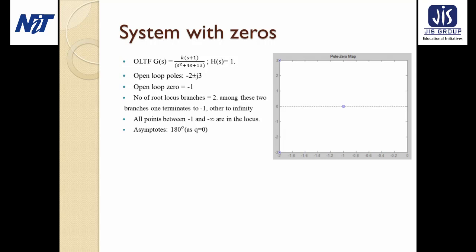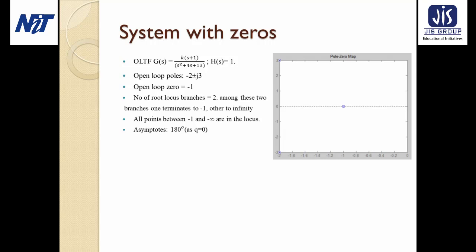So next we need to find out the asymptotic angles. Now the asymptotes are those lines along which the locus will follow the asymptotic angle. So here the q becomes 0 because q varies from 0 to n minus m minus 1.